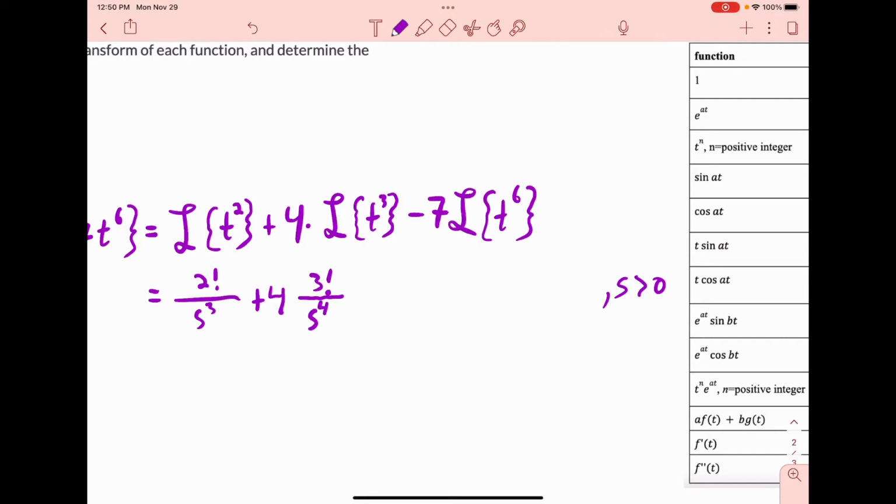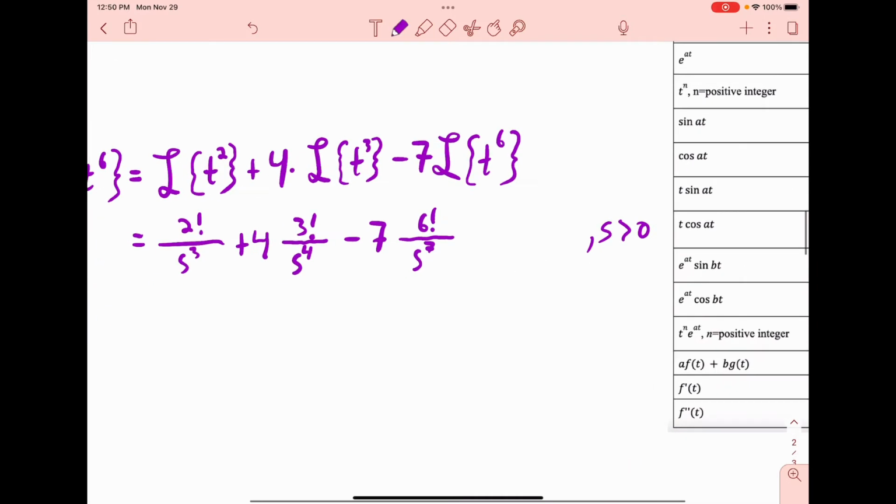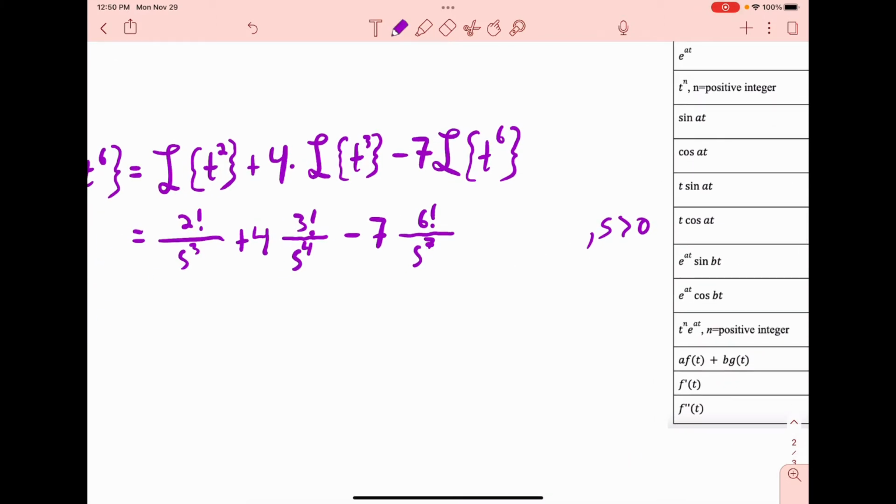Continuing on, copying from the above line, we have minus 7, and then this one is t to the 6, and so we're going to have 6 factorial over s to the 7. Now, for each of these, the restriction is also s greater than 0, so that's my total restriction there. I could leave it like this, but I can also simplify it just a little bit by multiplying out those factorials. I'm going to go ahead and do that.